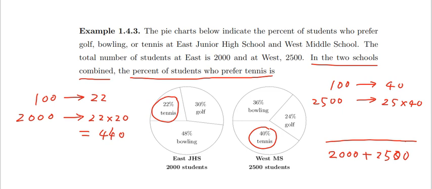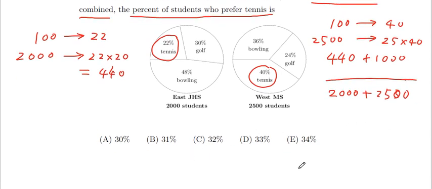So in this school 1,000, and that school is 440. Then we change this fraction to a percentage, so you can find the percentage.